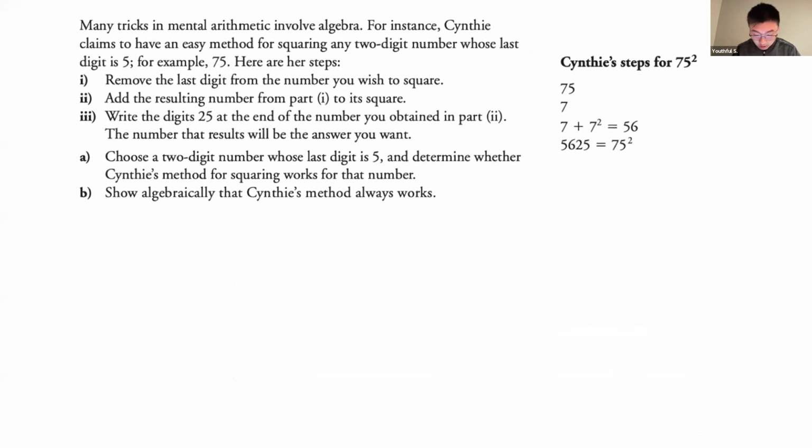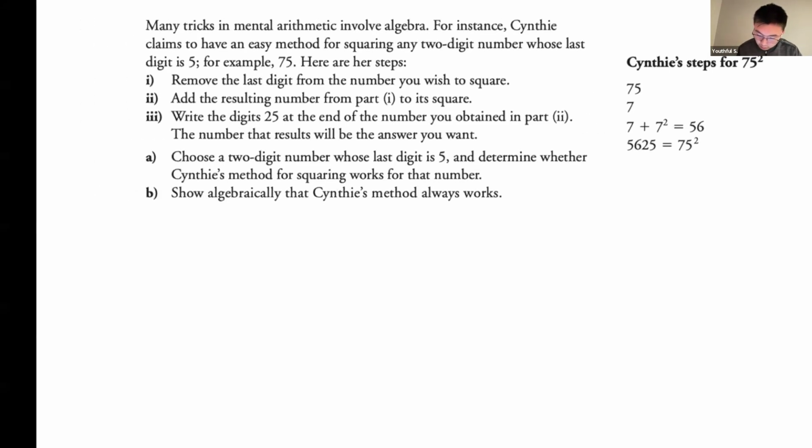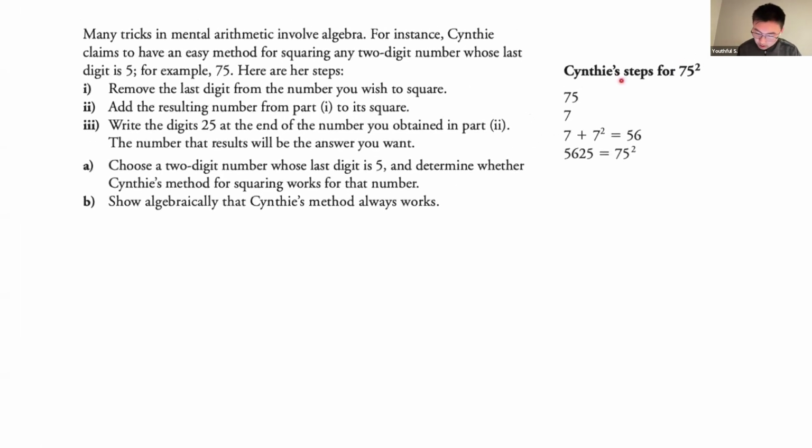For instance, Cynthia claims to have an easy method for squaring any two-digit number whose last digit is 5. So for example, to calculate 75 squared, step 1, remove the last digit from the number you wish to square. So if I want to square 75, I'm going to get rid of the 5. That's the last digit.